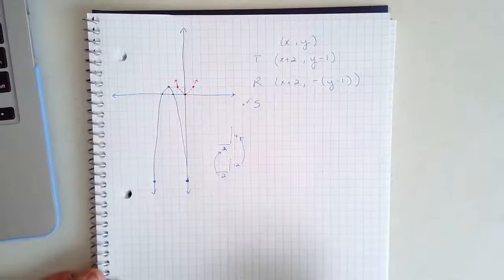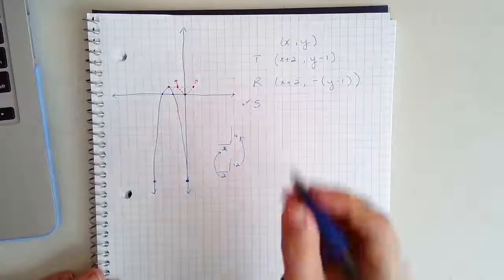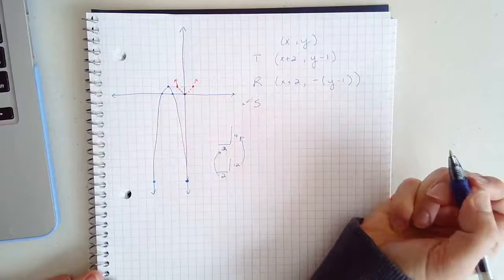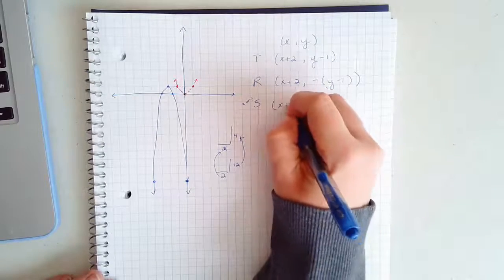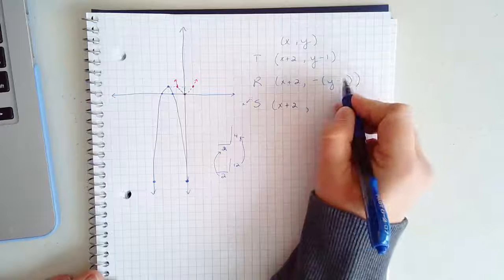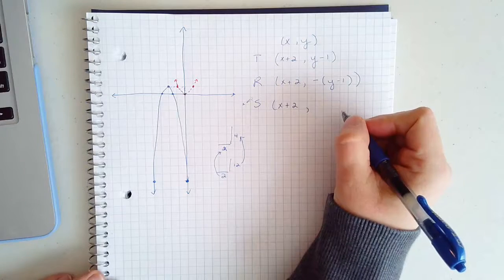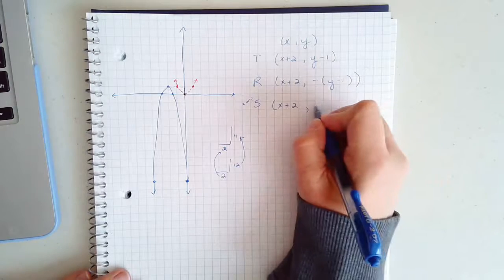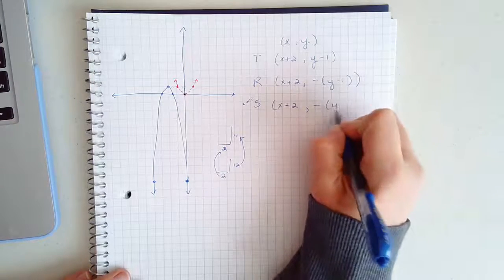So I'm going to add that on. And what did I do it to? I did it to my y. So x plus 2, didn't change that. And then I took this and I divided by 3. So I go negative y minus 1 divided by 3, okay?